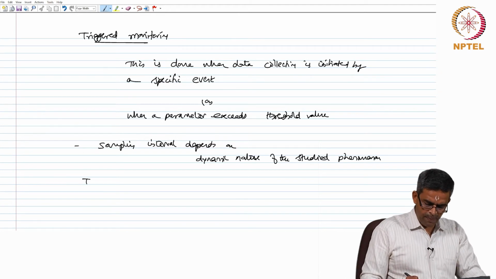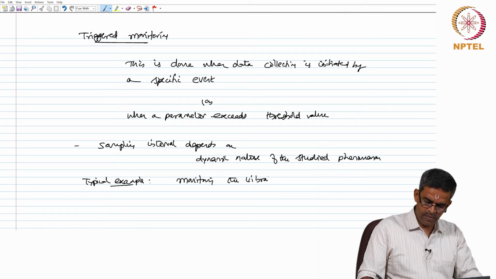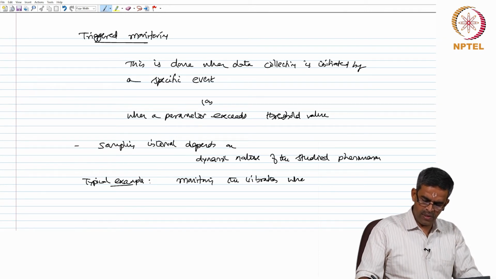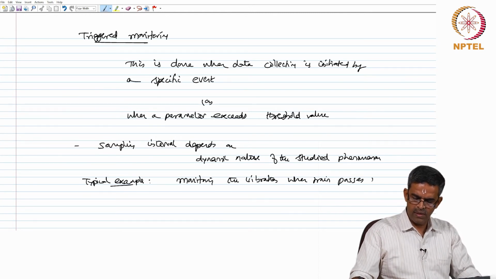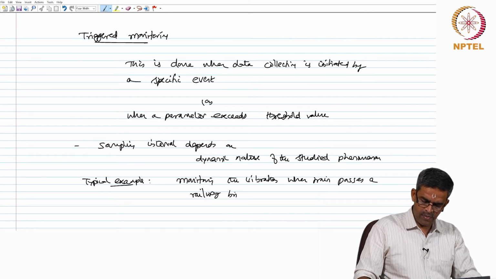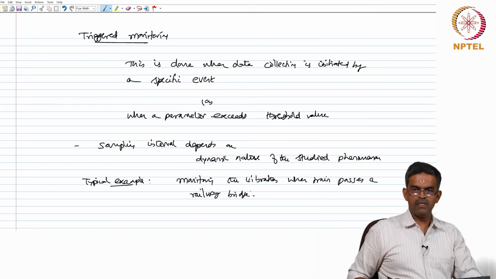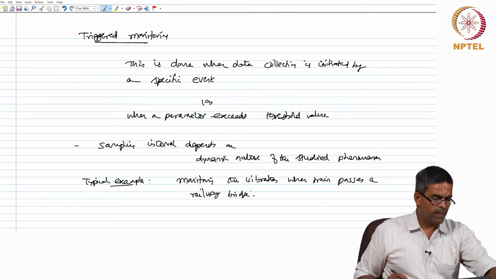A typical example could be monitoring the vibration when train passes a railway bridge. That is a typical example of application of a triggered monitoring.